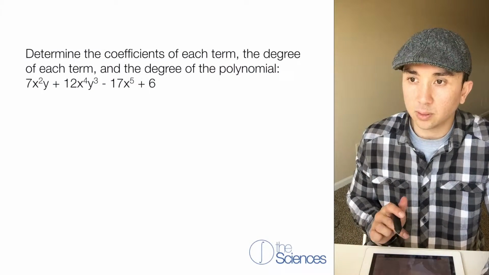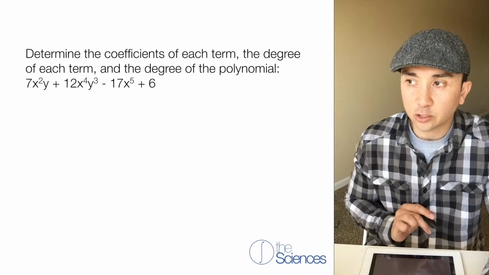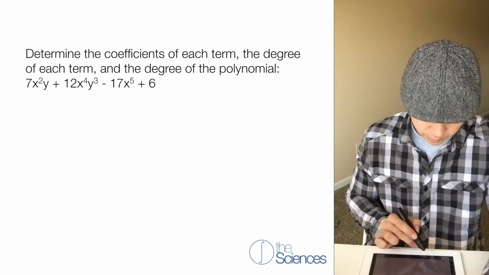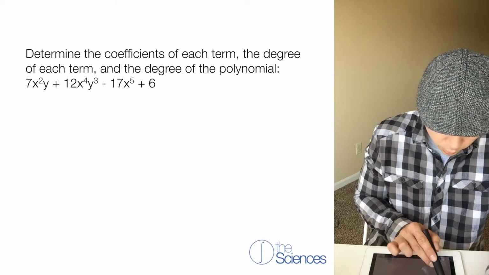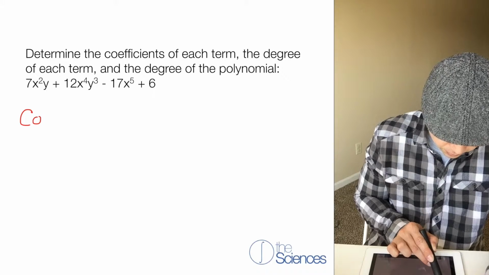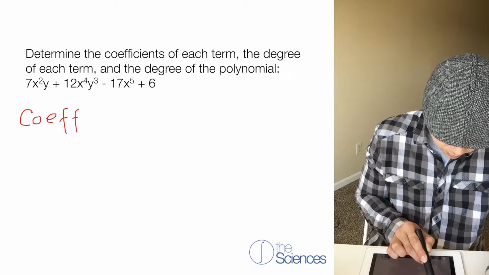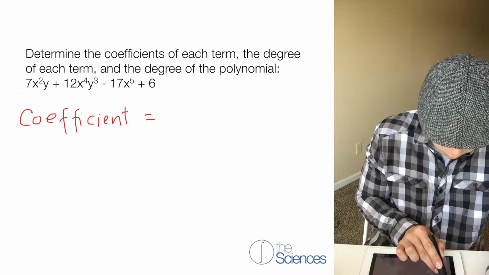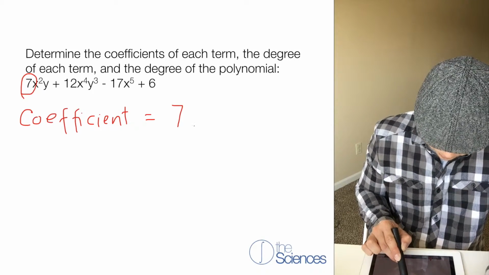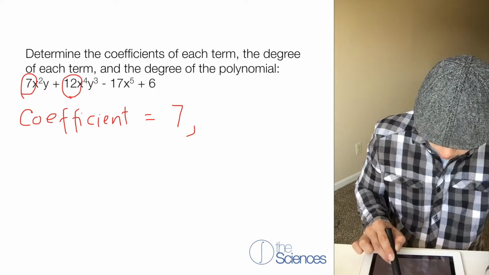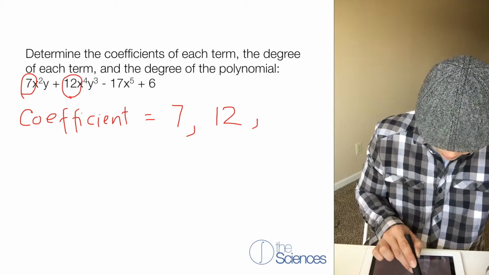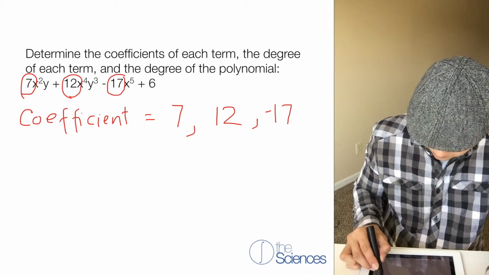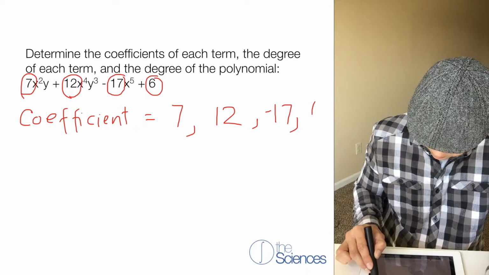So let's do an example. Determine the coefficients of each term, the degree of each term, and the degree of the polynomial. So the coefficients of each term are, the first term, 7, 12, negative 17, and 6.